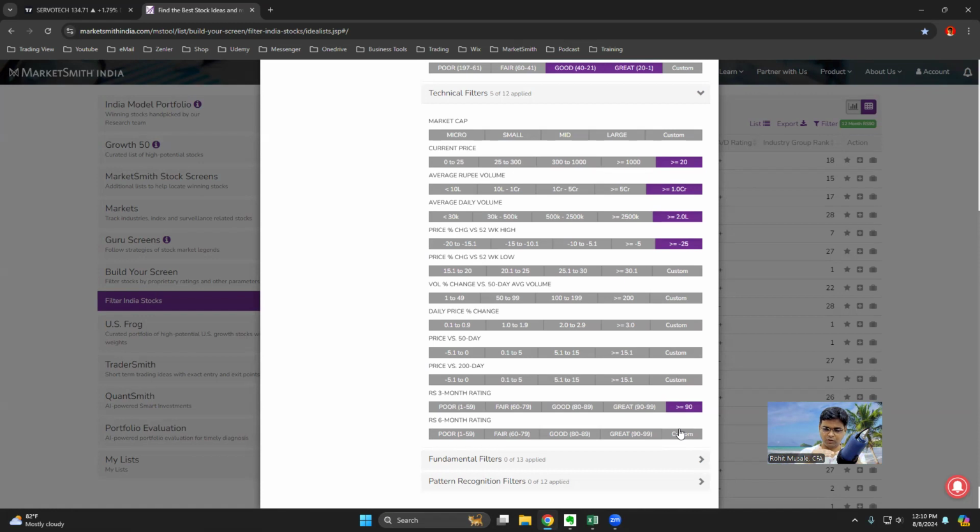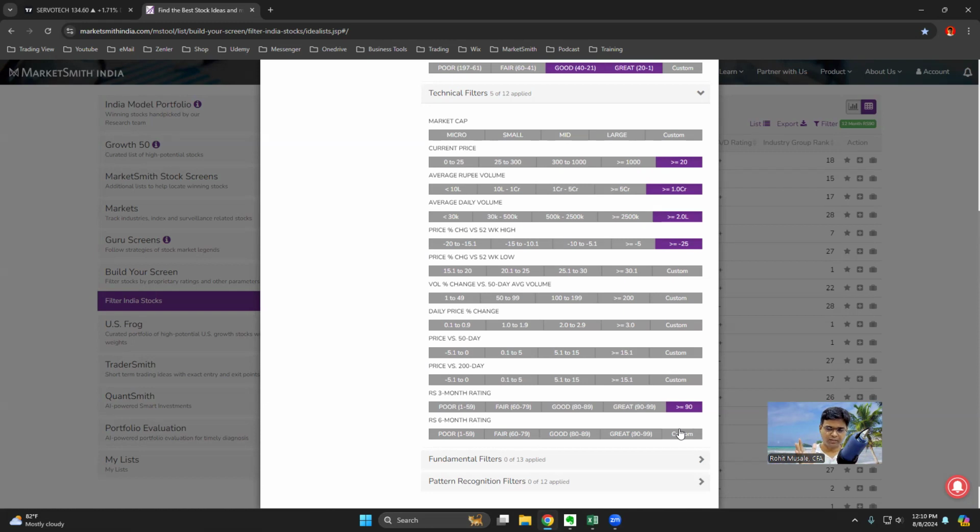See, if a stock goes up 5% in 3 months, but during the same 3 months, the index goes down, let's say 10 or 20%, I would say this stock has a very, very high relative strength because it has outperformed the market by 25%, right? So just because a stock goes up only 3 or 4 or 5% in 3 months doesn't mean that it will have poor relative strength.